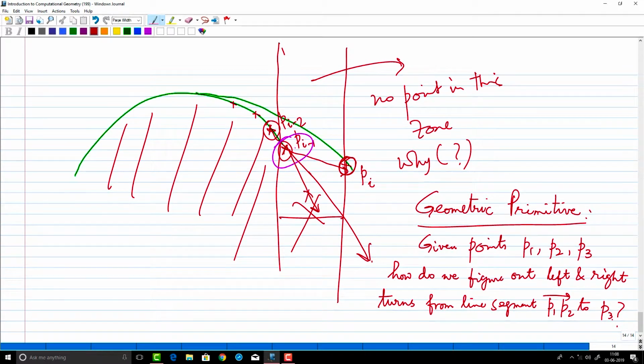Now, you remember area of triangles, right? Sometimes if you had computed the area of triangles, sometimes it came positive, sometimes it came negative, right. So, remember this thumb rule.